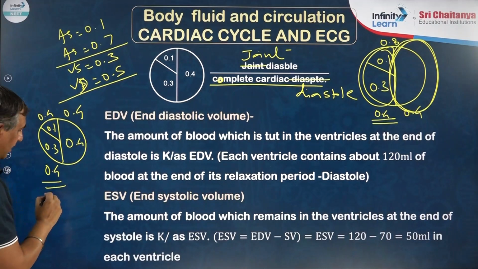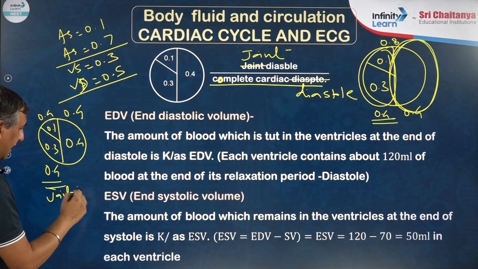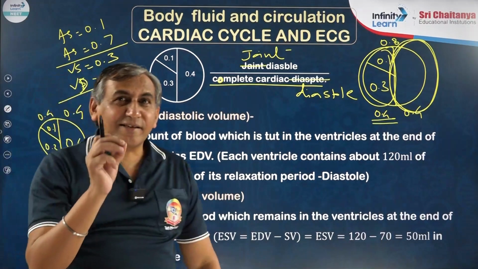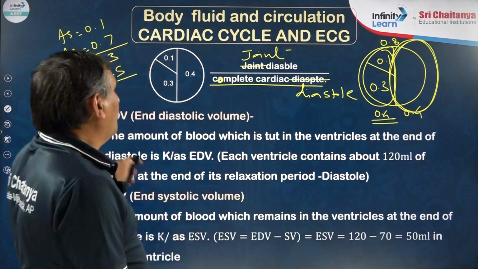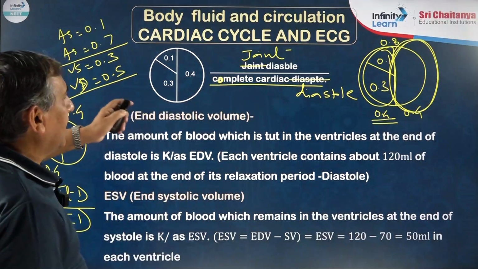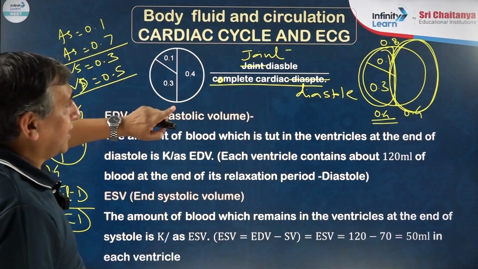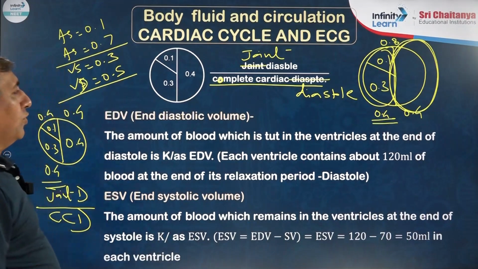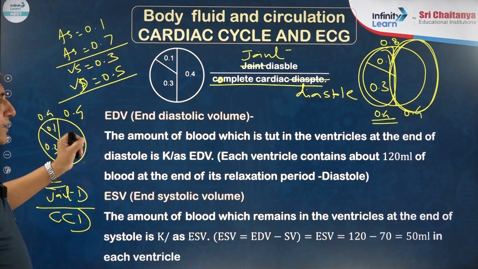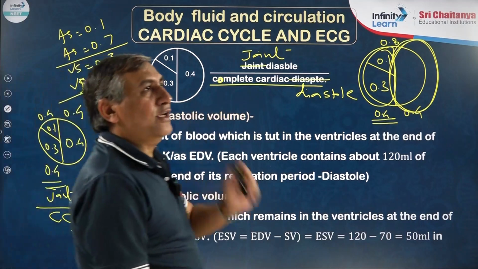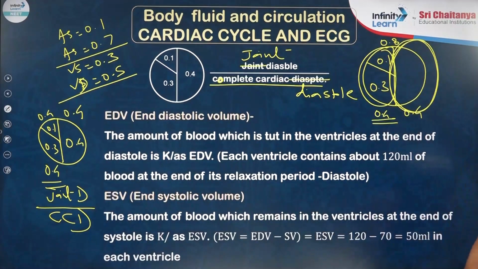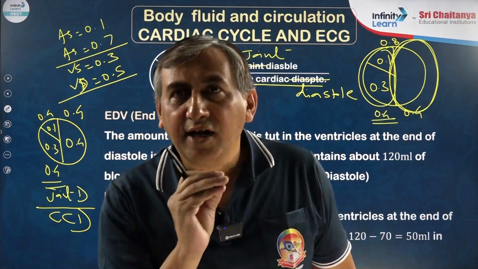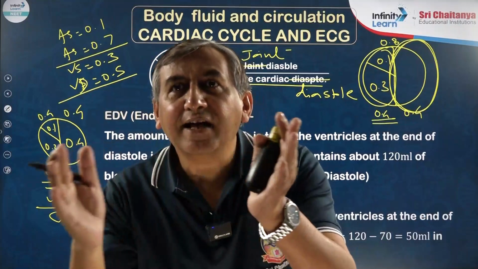This is known as the joint diastole or complete cardiac diastole. So they will ask the simple mathematical question: 0.1 and 0.3 is the systole in atria and ventricle, and the remaining 0.4 is known as the joint diastole. Why is it known as the joint diastole? Because both auricles and both ventricles are in a relaxed condition.